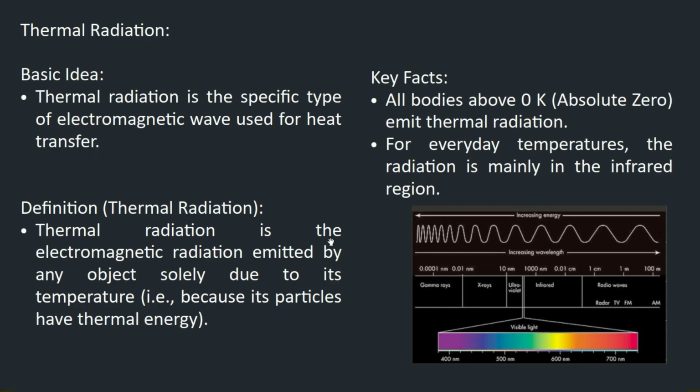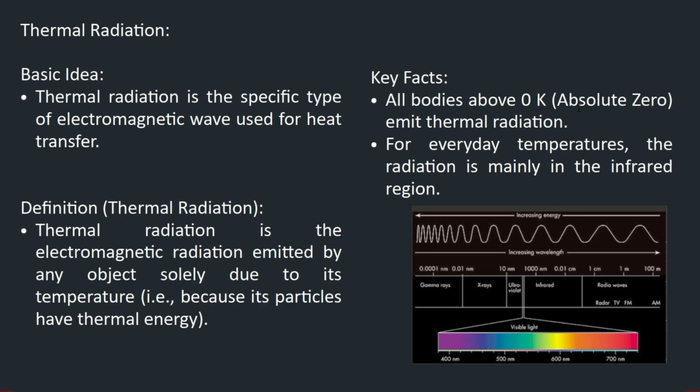Thermal radiation is the electromagnetic radiation emitted by any object solely due to its temperature. The key fact is that all bodies above 0 Kelvin, that is absolute zero, anything which has a value of minus 273 degrees Celsius or above, everything emits thermal radiation.